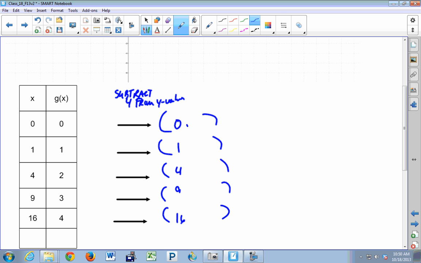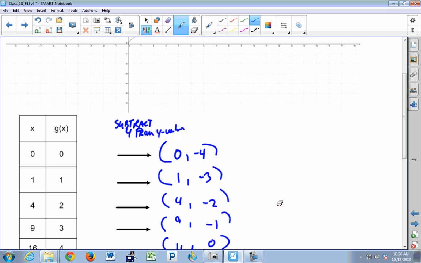I'm only going to change the values of y. So 0 now becomes -4. 1 now becomes -3. 2 now becomes -2. 3 becomes -1, and 4 becomes 0. So you can now take those 5 points, go right up to your graph, and you can graph them. Okay, I got to get my glasses for this one.